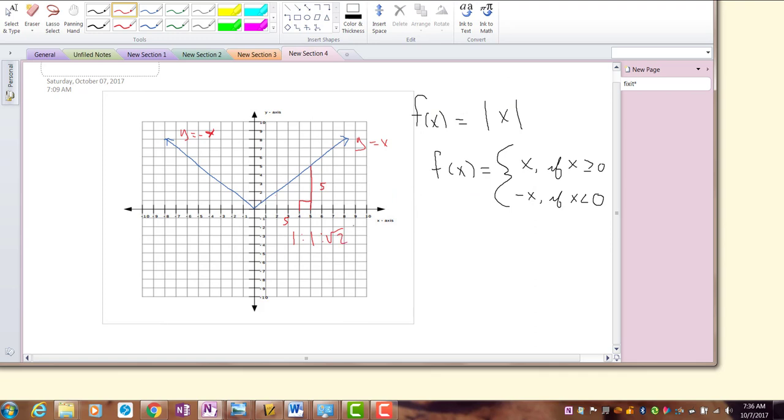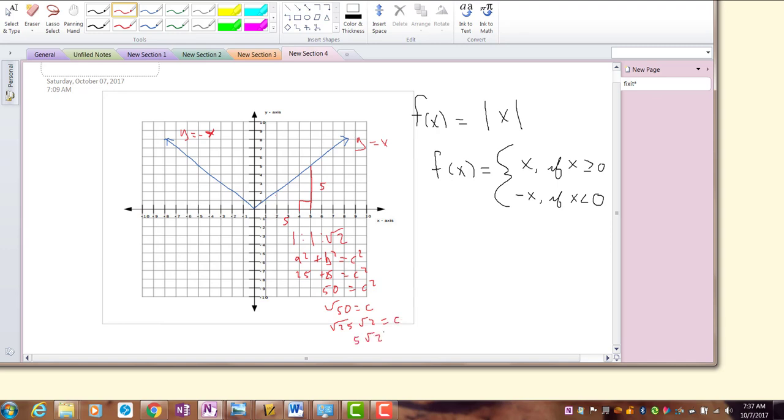If I use the Pythagorean theorem, notice that 5 squared plus 5 squared would be 25 plus 25, which is equal to c squared. So c is equal to the root of 50, and that of course breaks up to root 25 times root 2, which would be 5 root 2.